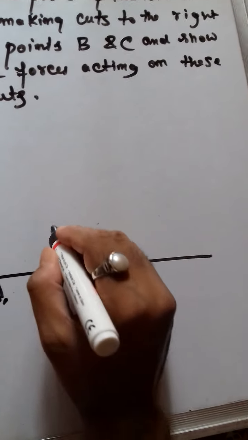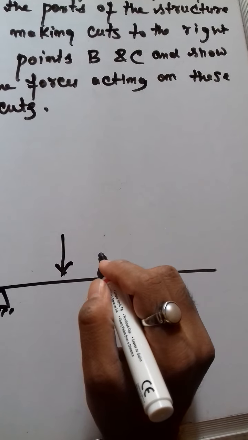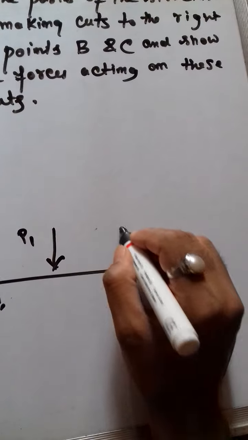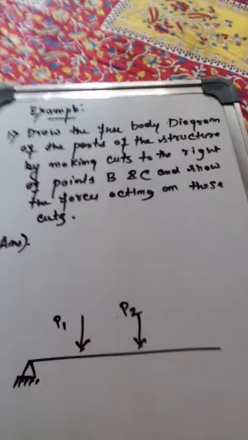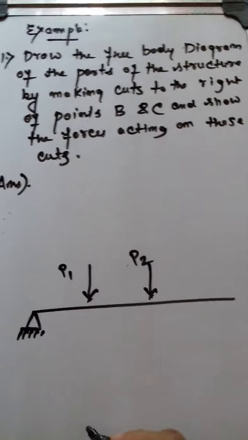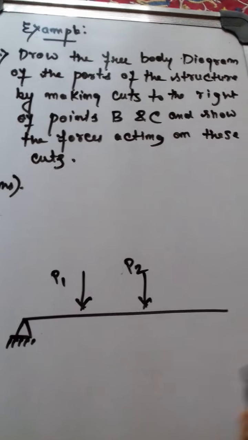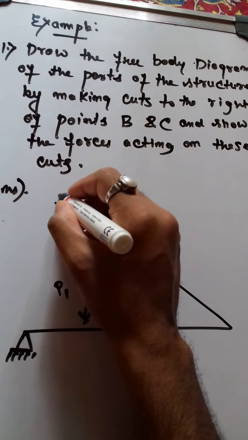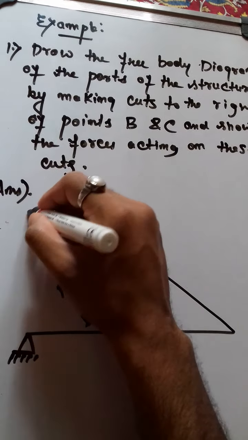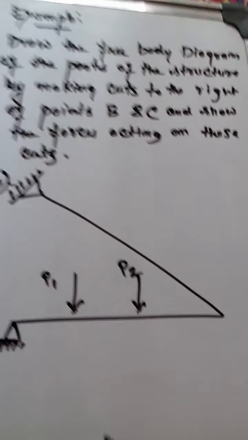Okay, now there are two loads coming, P1, P2. Two loads are coming, P1 and P2, and from here there is a lever kind of thing.